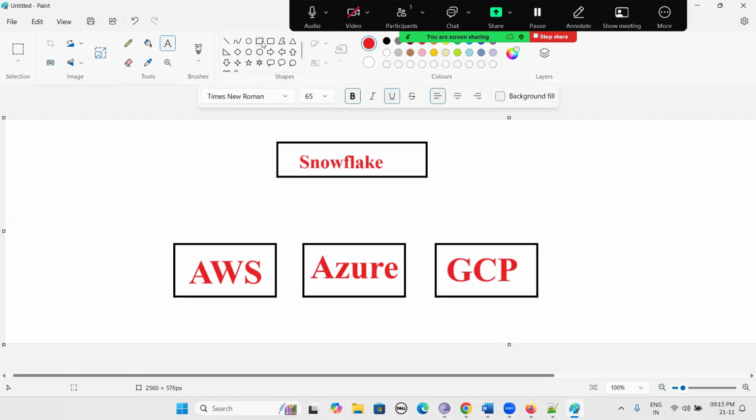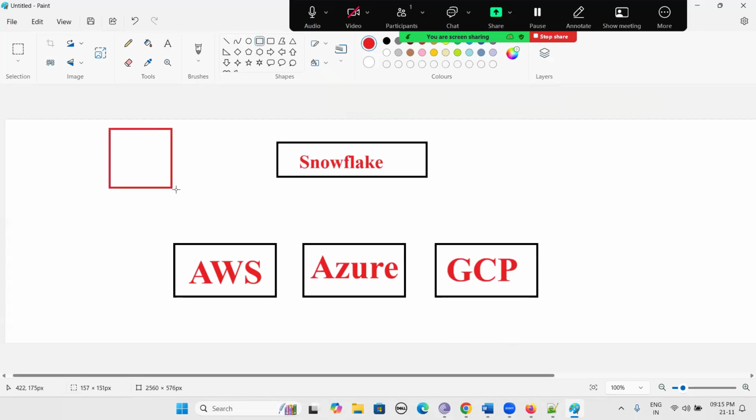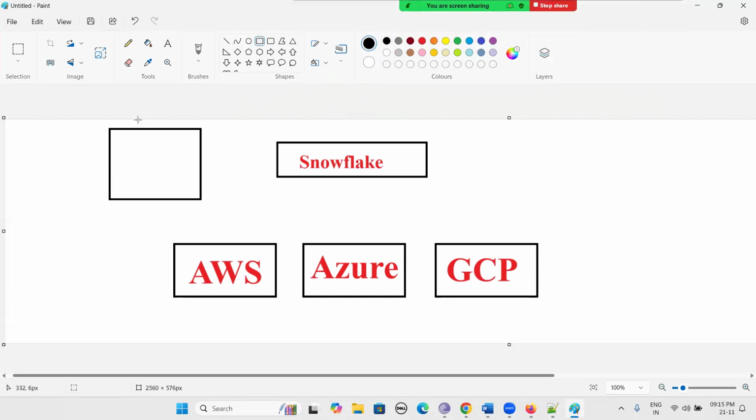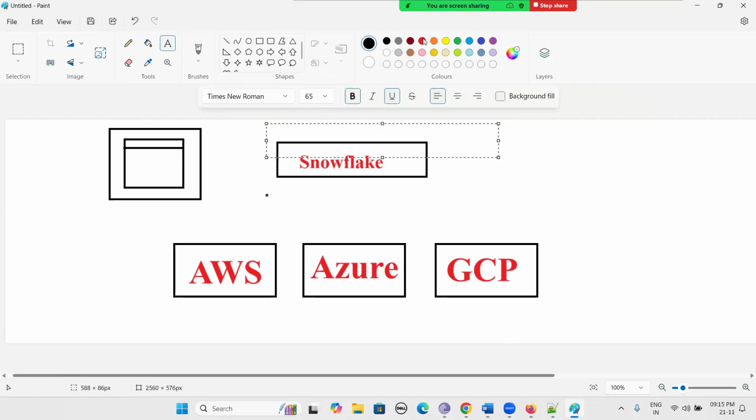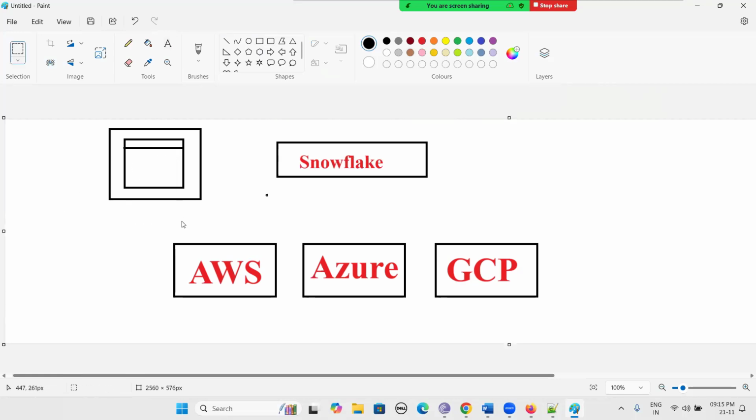So while creating an account, let's say we are using our developer machine. In this developer machine, let's say we are using a browser. I said Snowflake is a cloud-based data warehouse. So here we use the Snowflake URL for creating an account. Okay, we use the Snowflake URL here. 1 minute.